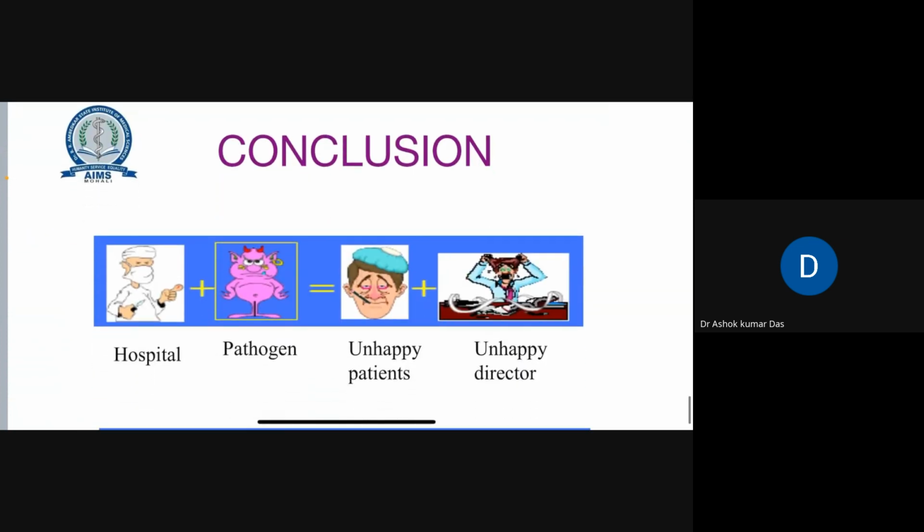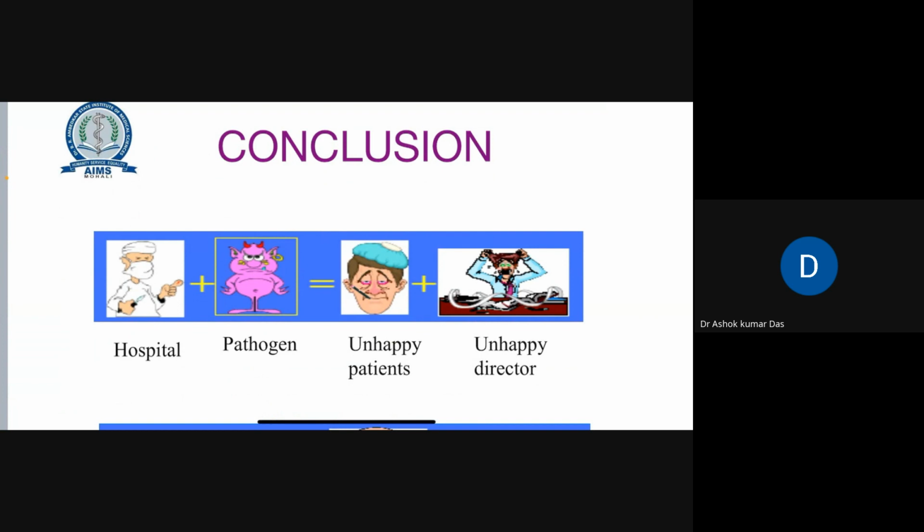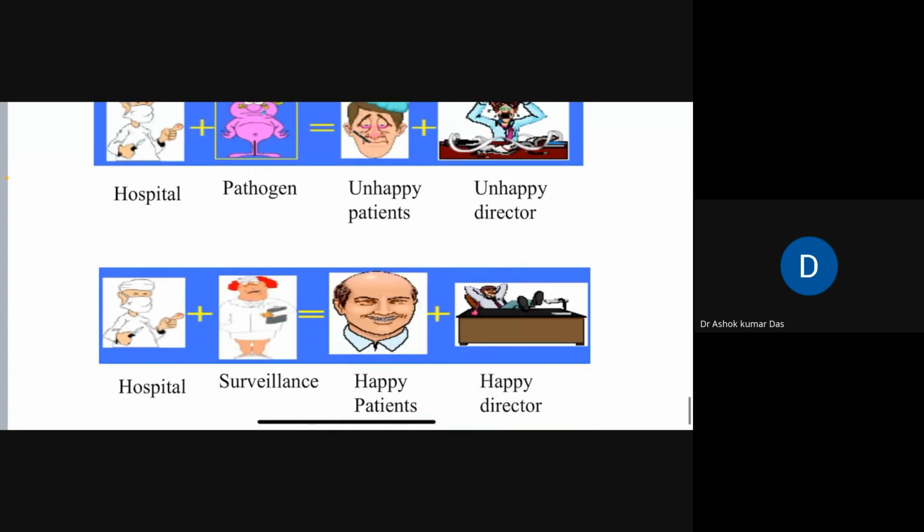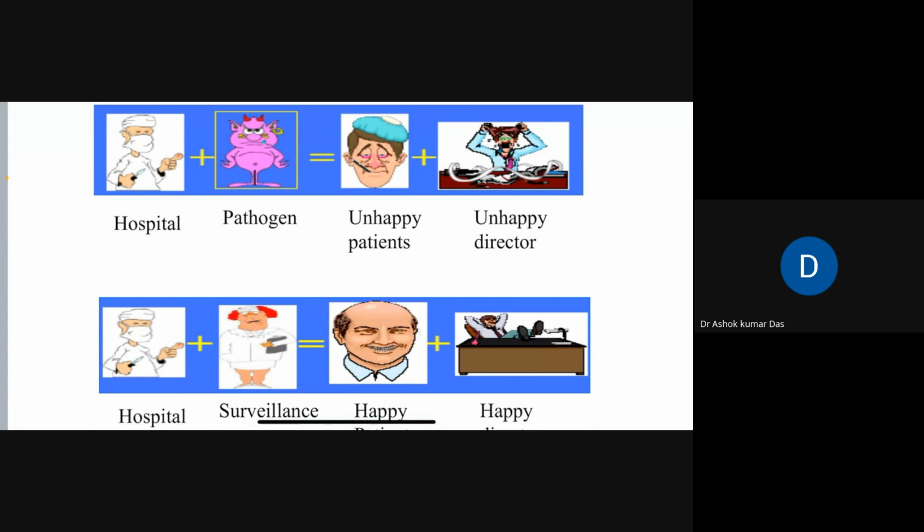So what is the conclusion? Pathogens are there, and if you have a good surveillance program, you would be able to eliminate these pathogens. If you don't have good surveillance, then the patients will be unhappy and everyone is unhappy.